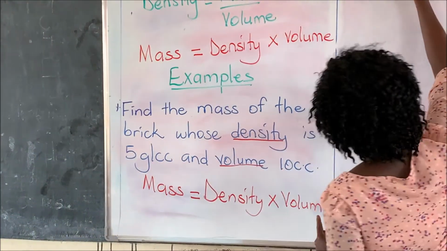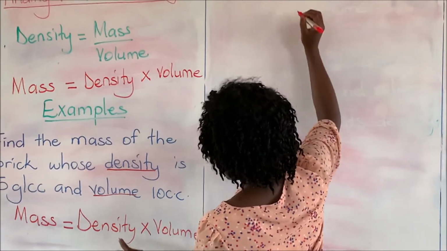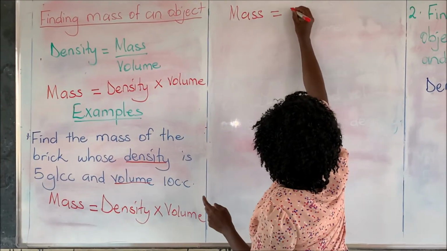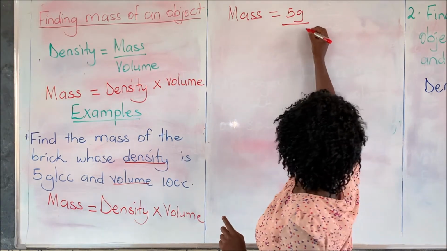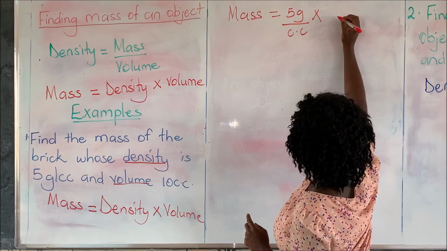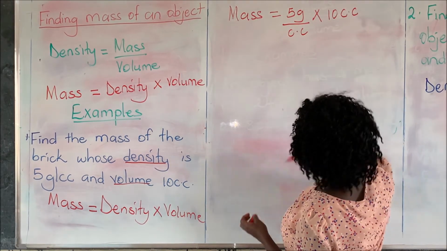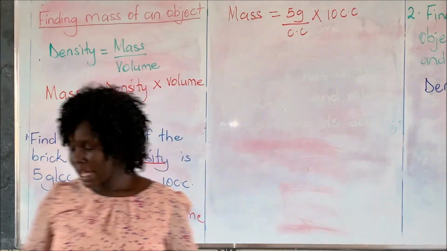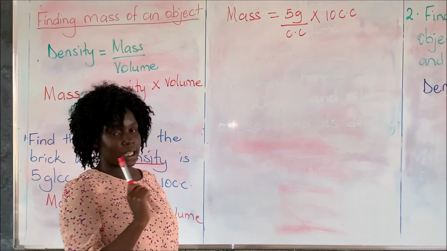So our mass will be equal to, the density given is 5 grams. Per means divide out of. Then times what is the volume given? 10 cubic centimeters.